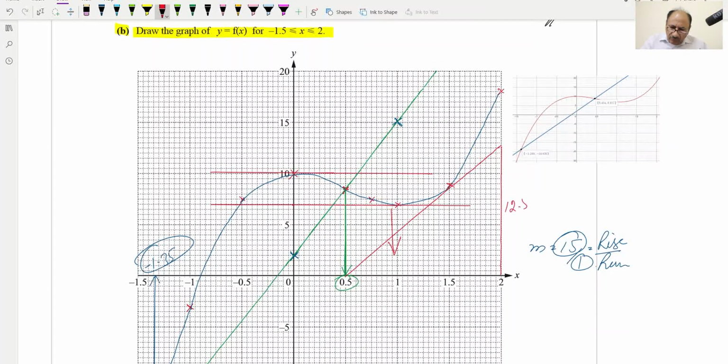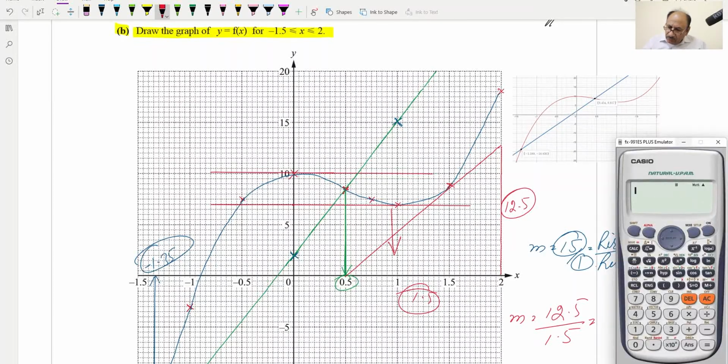So 12.5 will be rise, and run will be 1.5. So m value will be equal to 12.5 divided by 1.5, which is equal to 8.33. So gradient will be 8.33.